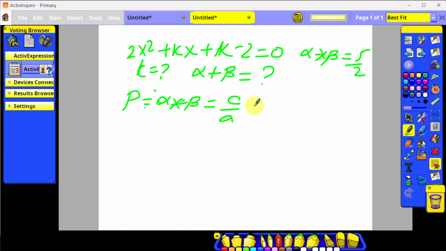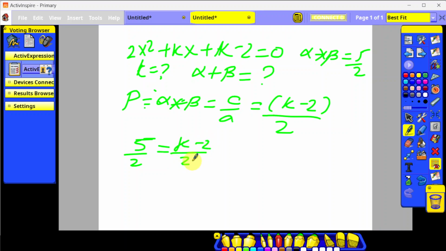What's our c? Our c is k minus 2, the constant term, and a is 2. So alpha times beta is 5 over 2, so 5 over 2 is equal to k minus 2 over 2. Then cancel this 2 by 2, which implies k is equal to 7. So k is 7.